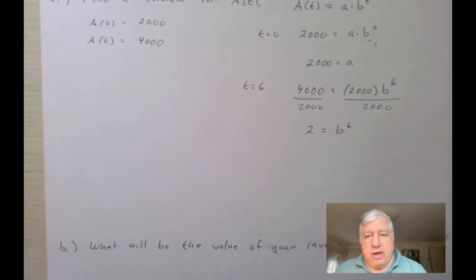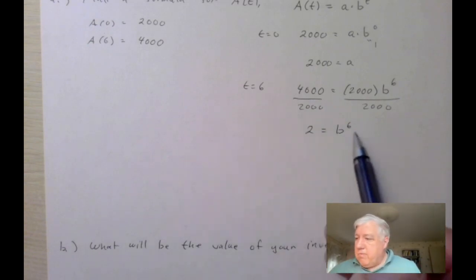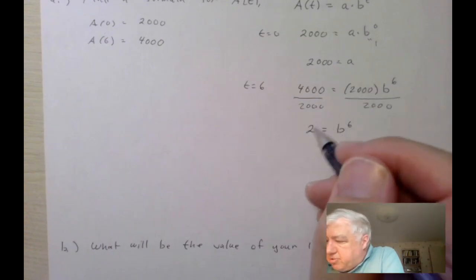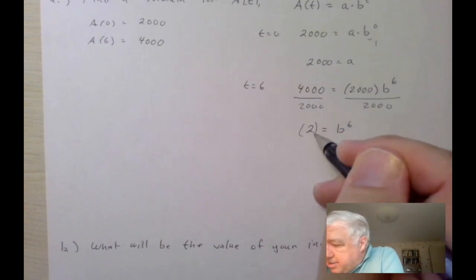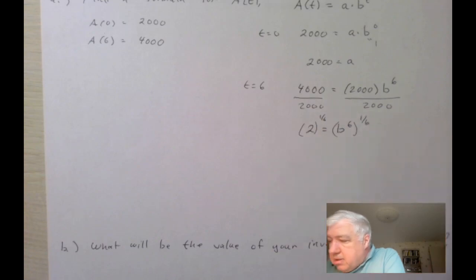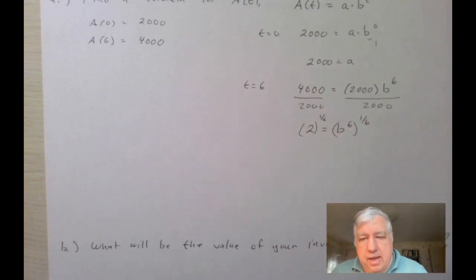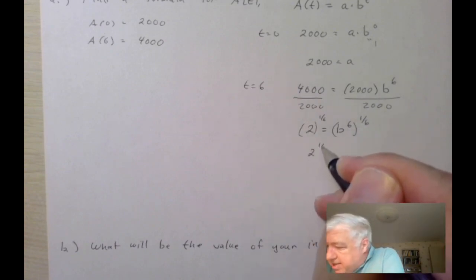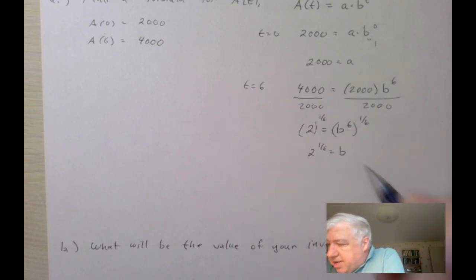Okay, so how do we solve this exponential equation? We just take the 6th root of both sides, or we raise both sides to the 1/6 power. Because 6 times 1/6 is 1, we get 2 to the 1/6 is equal to b.